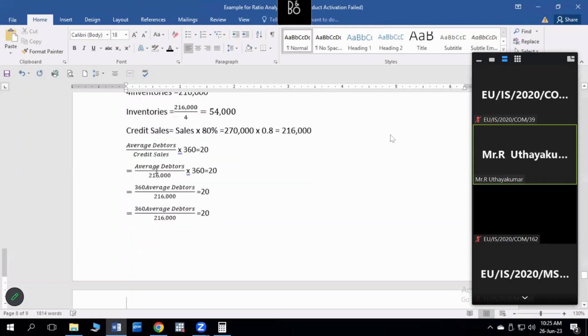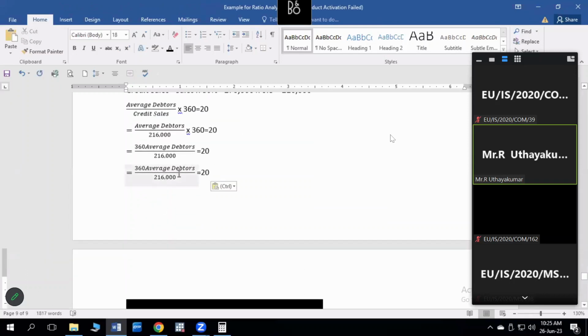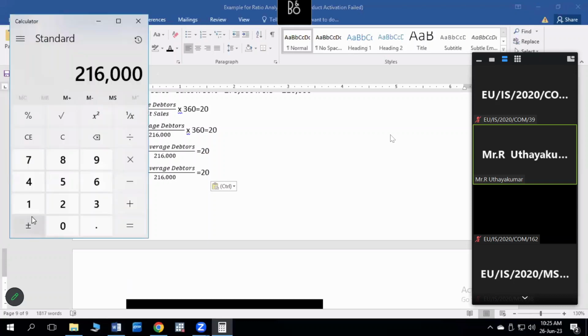You go by these simple steps, then only you can understand. 20 into 2 lakhs and 16, 2 lakhs and 16 multiply by 20 days. 43 lakhs and 20,000.